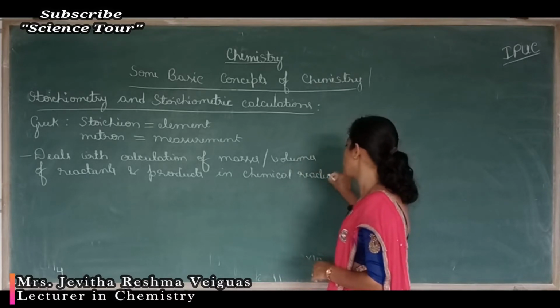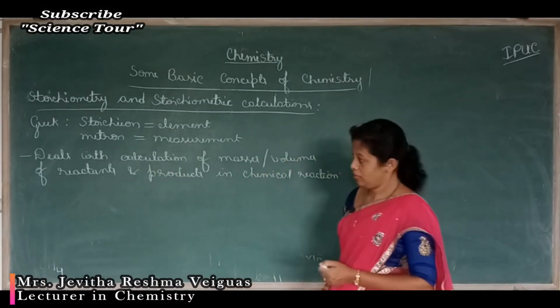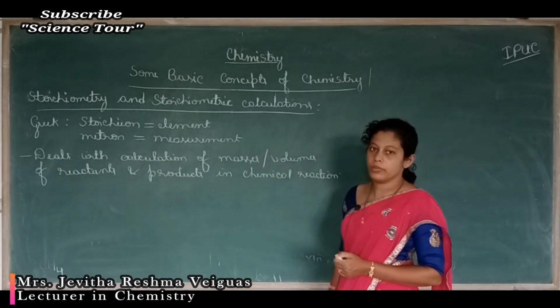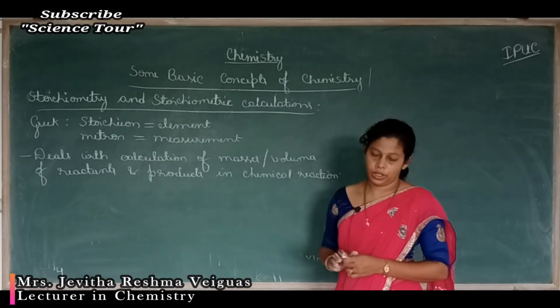Definition of stoichiometry is, it is the calculation of masses and volumes of reactants and products in a chemical reaction.